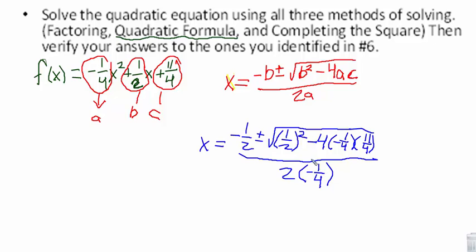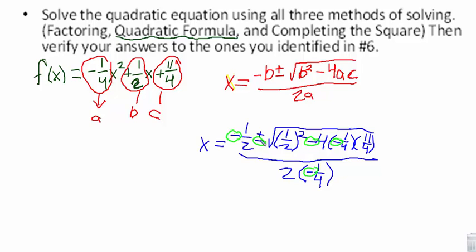You can plug this in the calculator exactly how I have it written here. The one thing you have to make sure of with the calculators we use in class is that, number one, this right here is a negative, not a minus. If you put the minus sign here, it would be a minus. This is a minus sign, this is a negative sign, and this is also a negative sign.